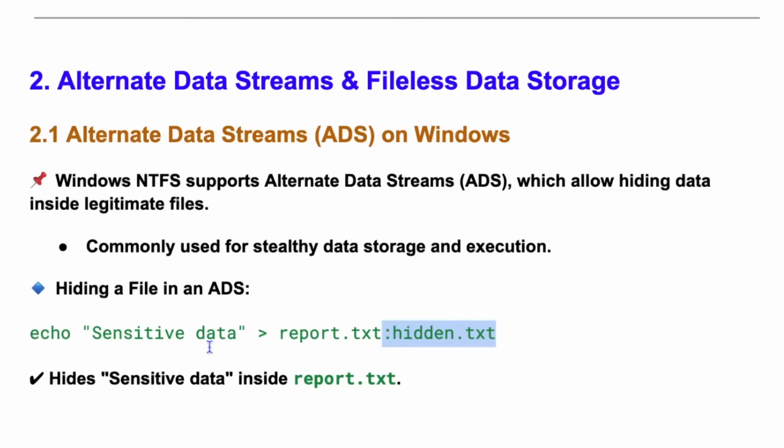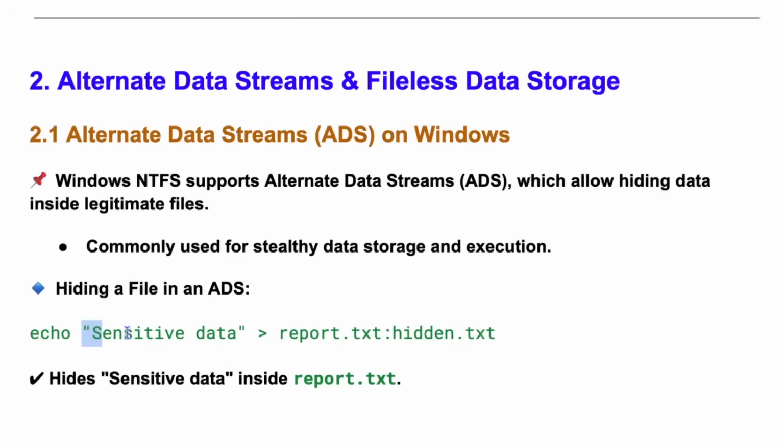It's kind of weird to think about, but it's as simple as that. You have that extra portion at the end of the text file itself that implies you have a hidden text file. So it hides the sensitive data inside of that report text file right here.